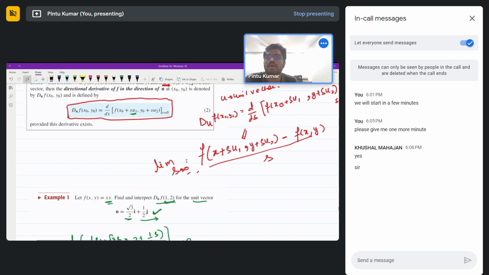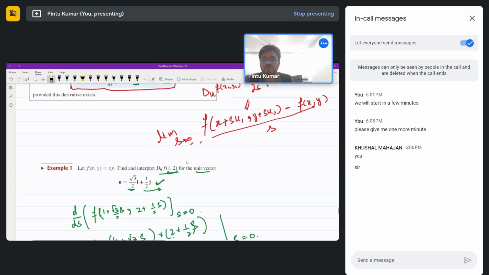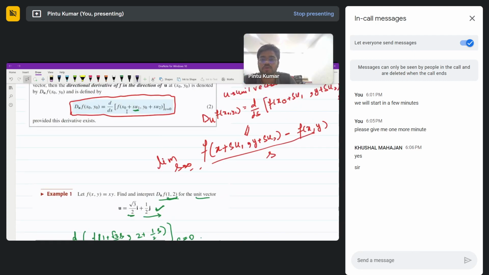Somebody raised their hand in between. Sir, why can we multiply? Because my f of x, y is given to be x into y. There is a multiplication, because f of x, y says that you multiply x and y. I wanted to calculate f of x plus s u1 and y plus s u2.